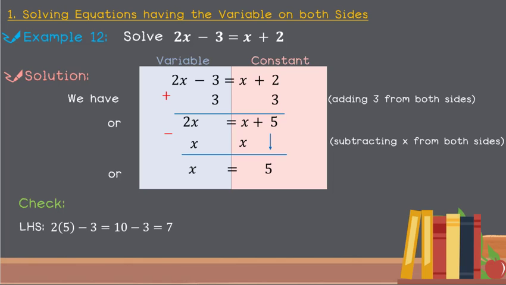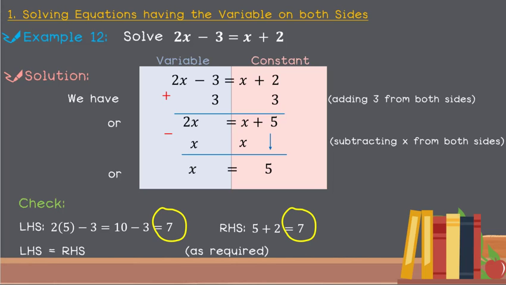It is 2 times (5 minus 3), equal to 2 times 2, and the left hand side simplifies to 4. And on the right hand side we have 5 plus 2, which is equal to 7. So they are indeed equal, and we got the right answer.